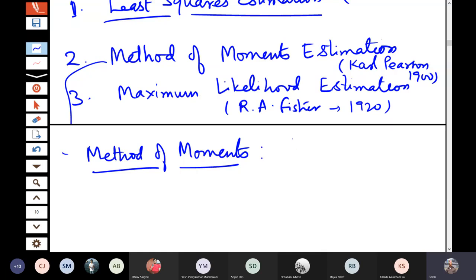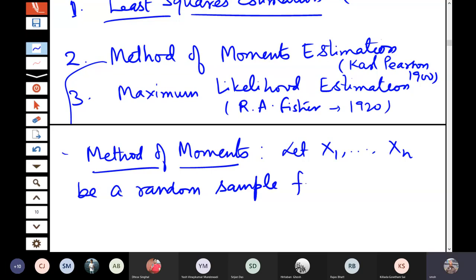Let us consider, say, let x1, x2, xn be a random sample from a population. We'll name the population, say P theta is the notation I am using.